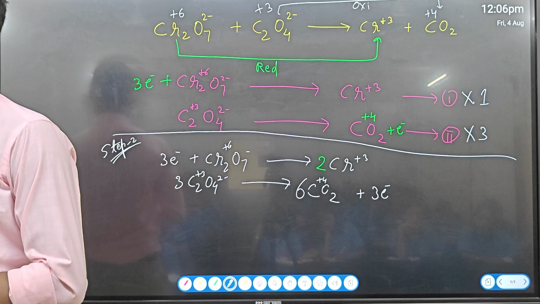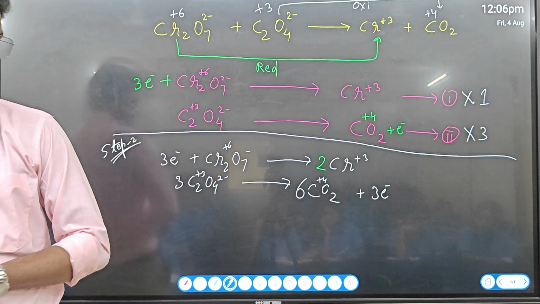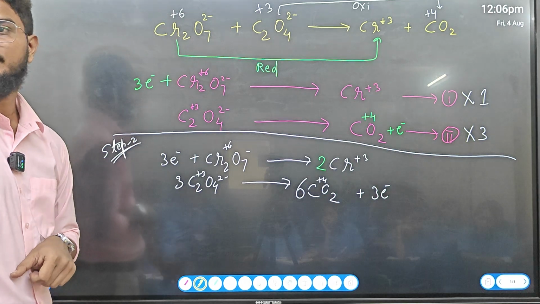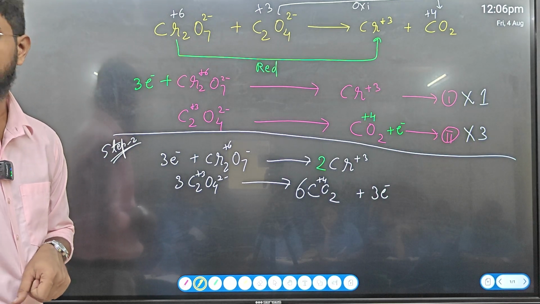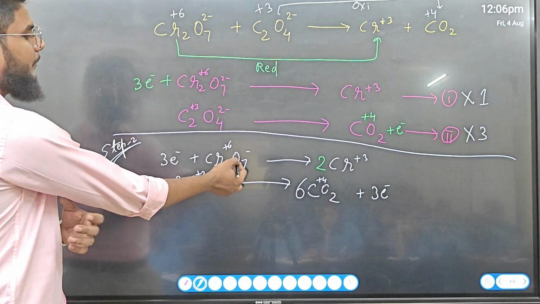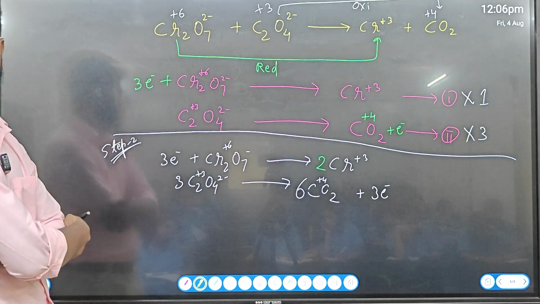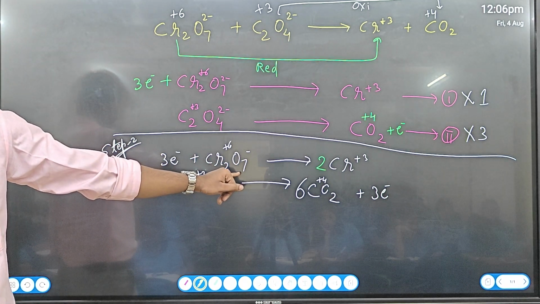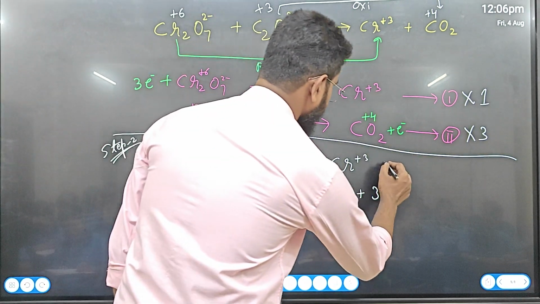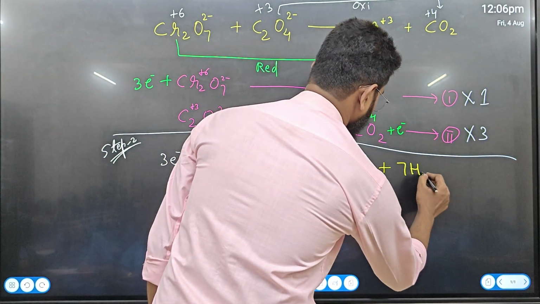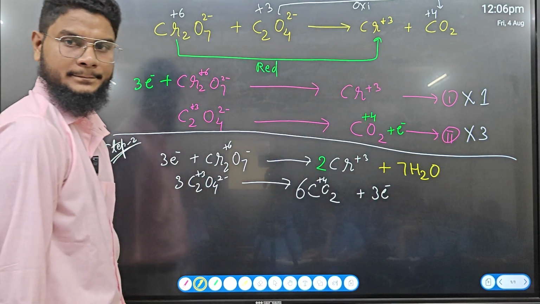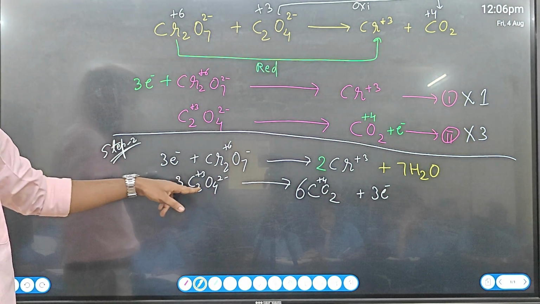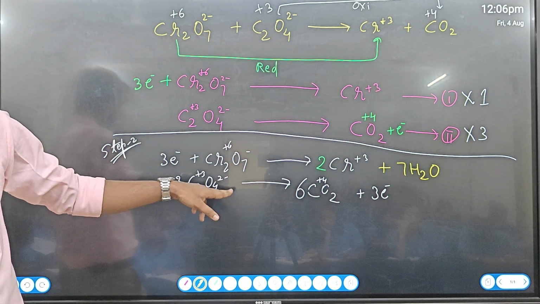Next step, balance the oxygen atoms by adding what? H2O, right? In the first reaction, how many oxygens? 7. You have to add 7 H2O. Next, here how many oxygens are there? 3 times 4, that is 12.